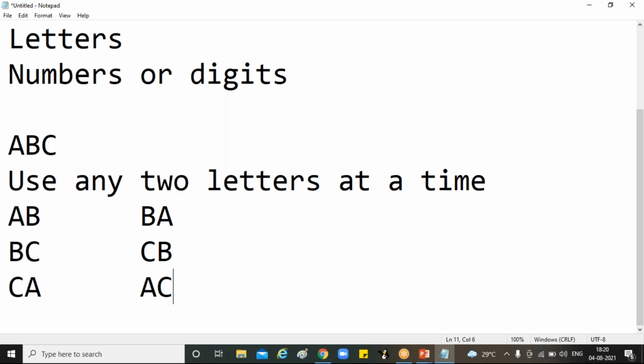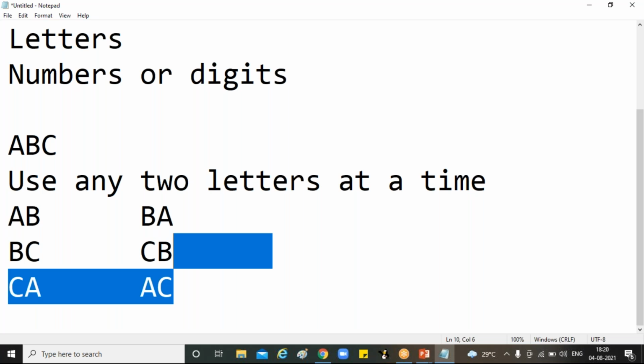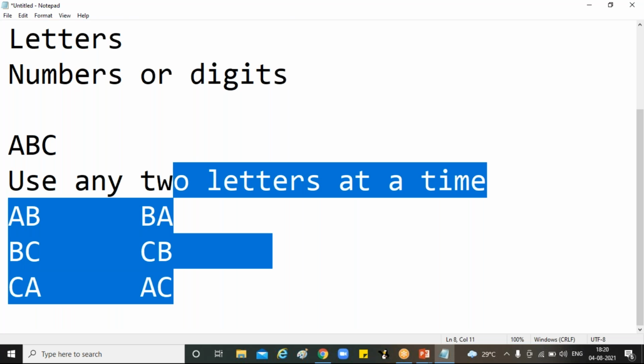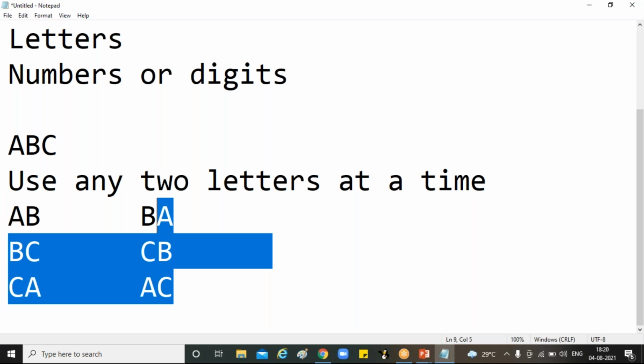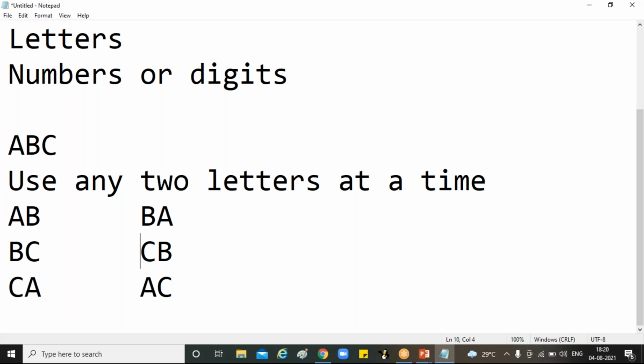So whenever they give three things A, B, C, if you want to use two letters at a time, the total number of arrangements is six. So what exactly is permutation?